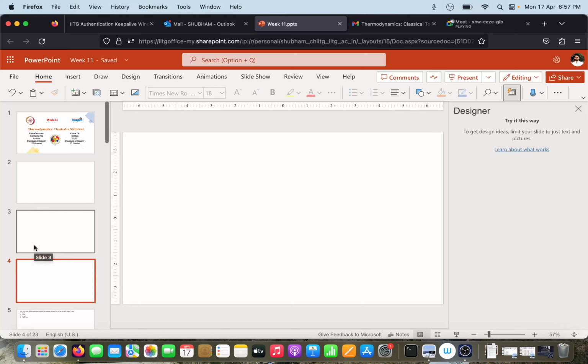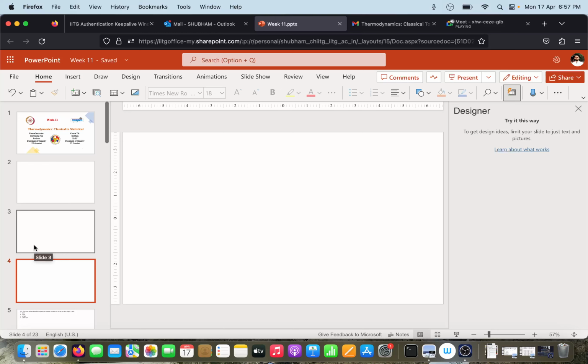Now delta S3, again the same formula we can apply. This is nCV, with CV for ice, ln T2 by T1. CV of ice is given as 36.82.